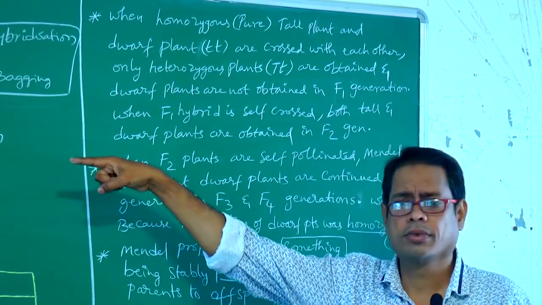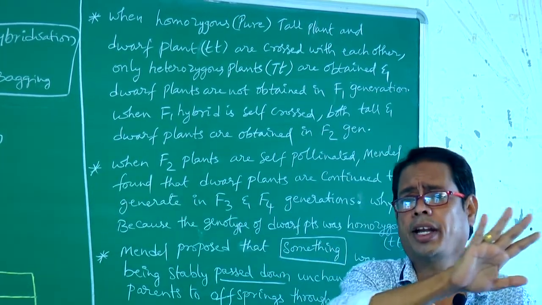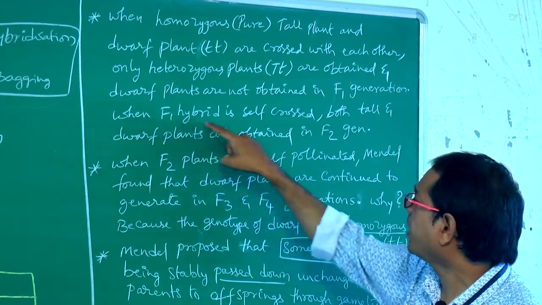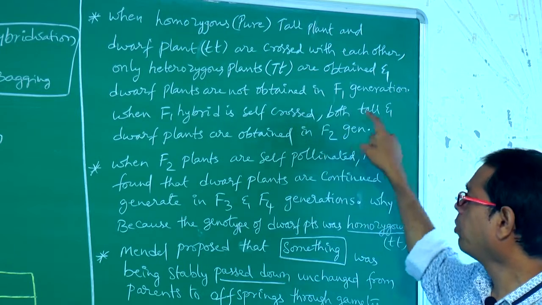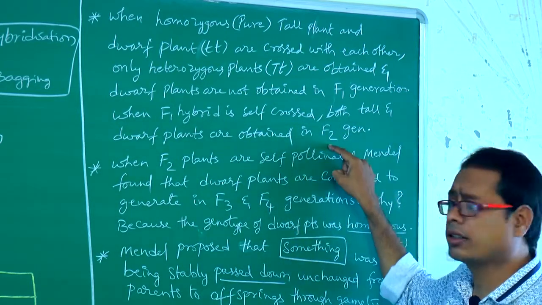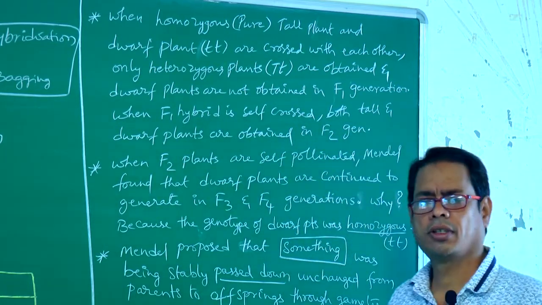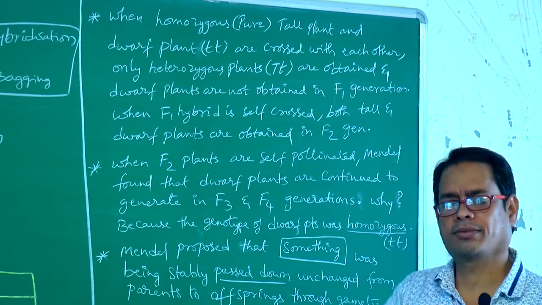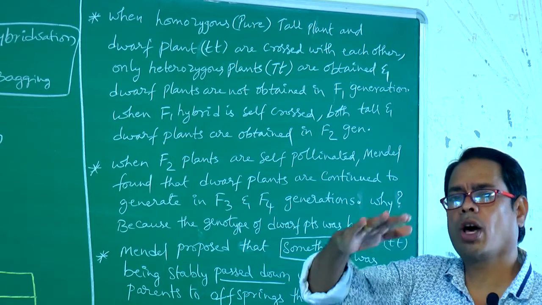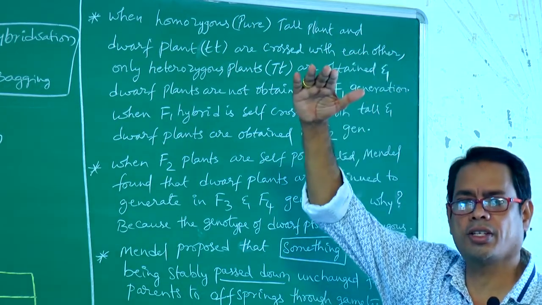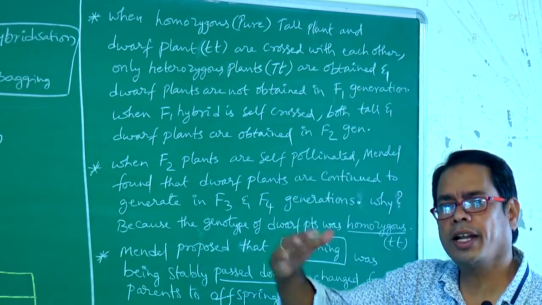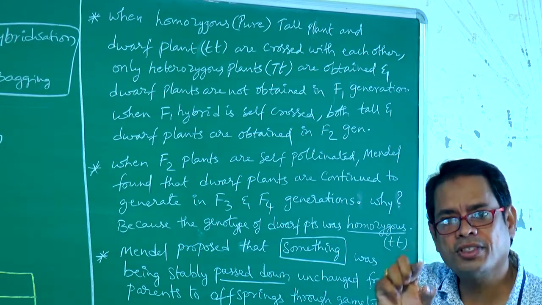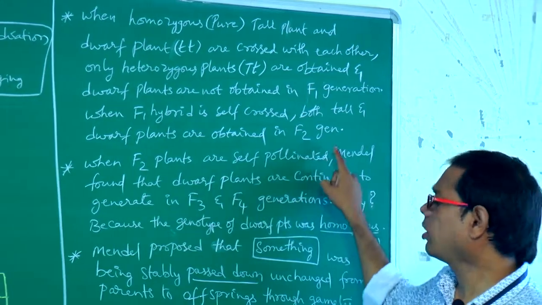And no dwarf plants are obtained in F1 generation. When F1 hybrid is self-crossed, both tall and dwarf plants are obtained in F2 generation. That is, in F2, again dwarf plants are obtained. Dwarf plant is present in the parental generation. That dwarf plant is obtained in F2 generation, not in F1 generation. That point you have to remember.